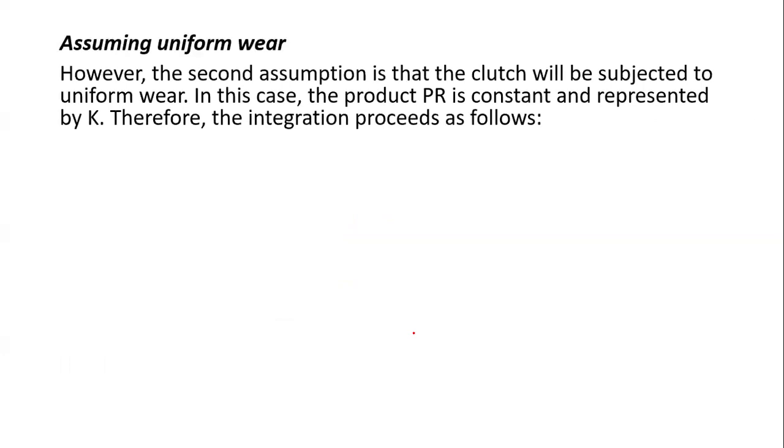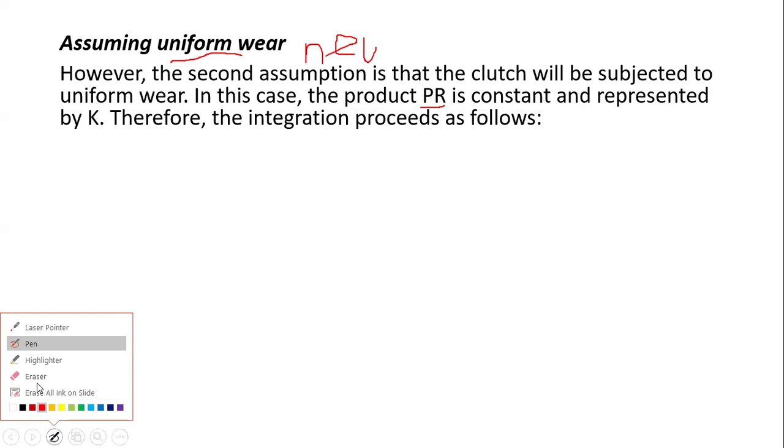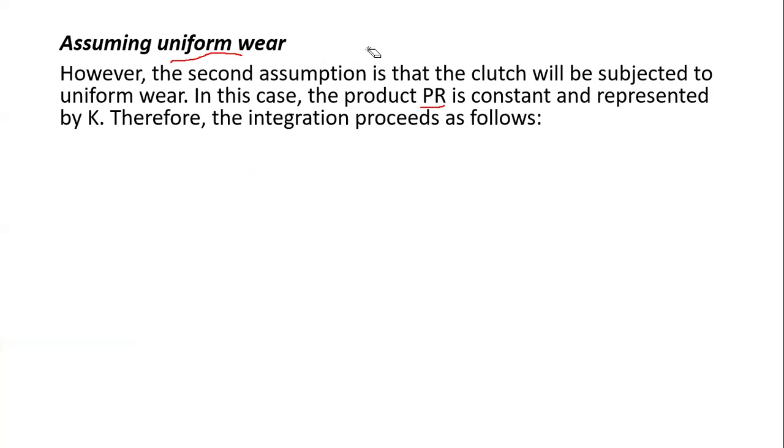Let's talk about uniform wear. For uniform wear, we talk about the product pressure times radius, PR, being equal to constant. Here, for uniform wear, it's not a new clutch but an old clutch.